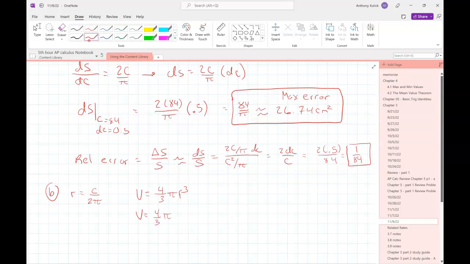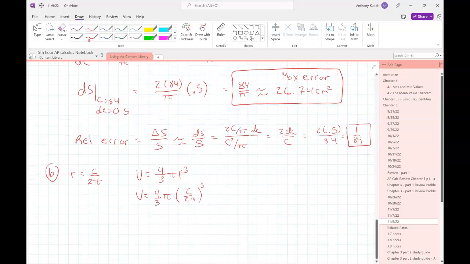So that's 4/3 pi times c over 2 pi cubed. One of those can reduce with one of those, and that reduces down to 2. So we get c cubed over 6 pi squared.